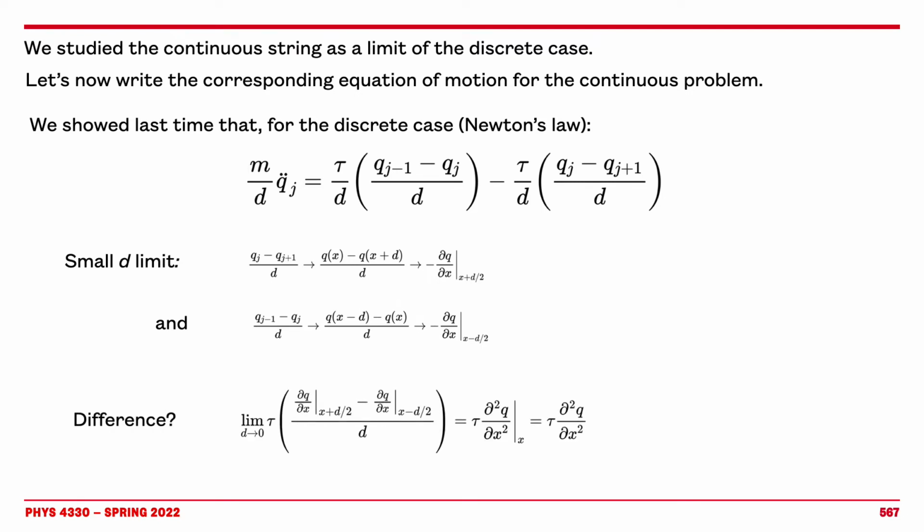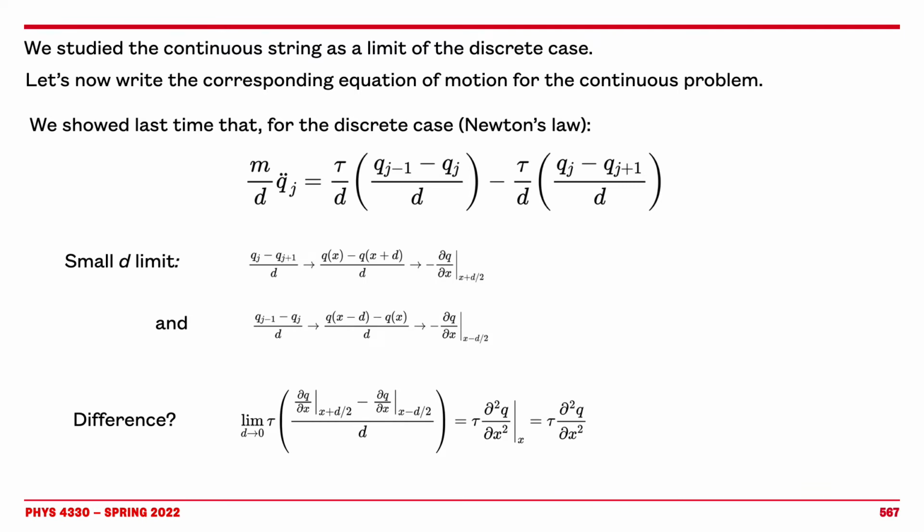We see that the right-hand side is going to be the derivative of the derivative, in other words, the second derivative. And we kept the tension in the string in front of the parentheses. So we can drop the vertical bar at x when we calculate something at the position itself. So that's no problem for the last equality.